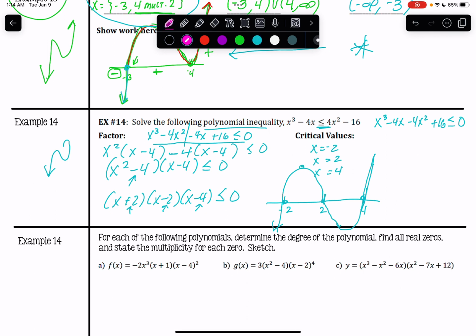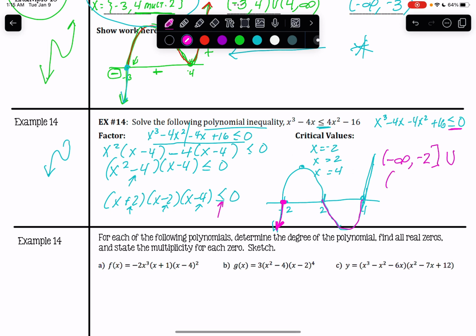And so now let's go back and look at what it asks for: less than or equal to 0. So this time we can use the negative 2, and then it's from 2 to 4 here. So our answer would be, where it's less than, negative infinity to negative 2, hard bracket, because negative 2 is included, it is equal to 0.